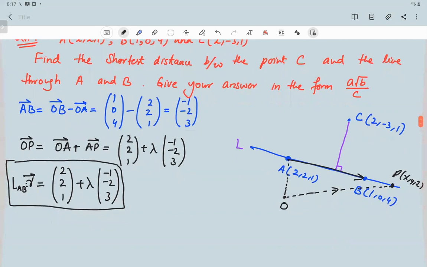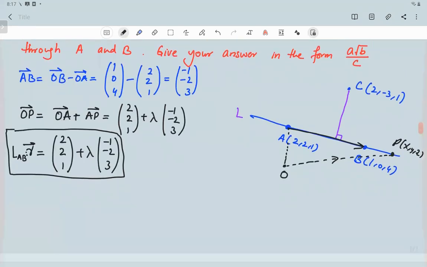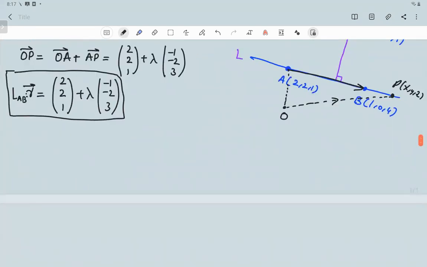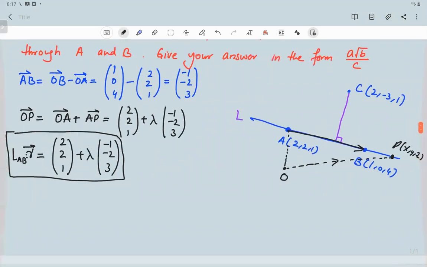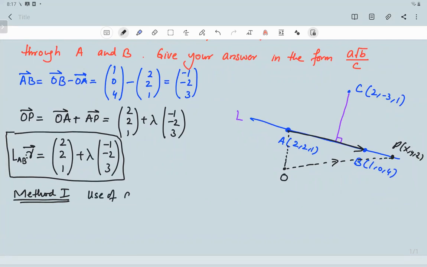Method number one is use of distance formula.